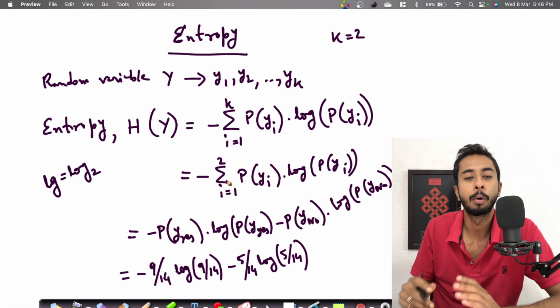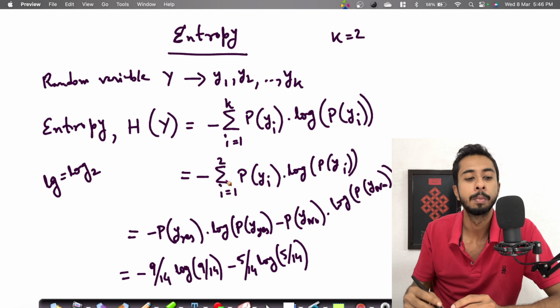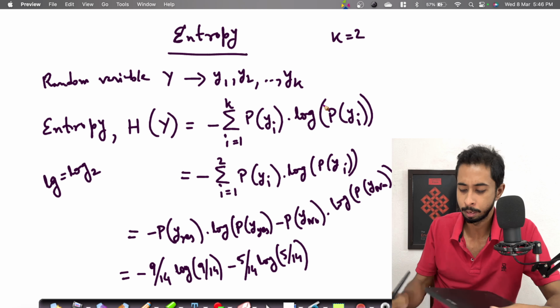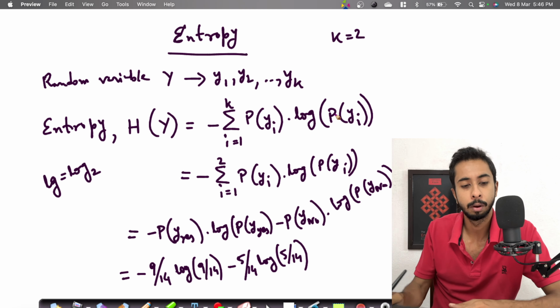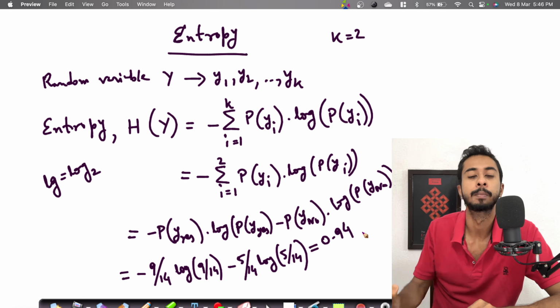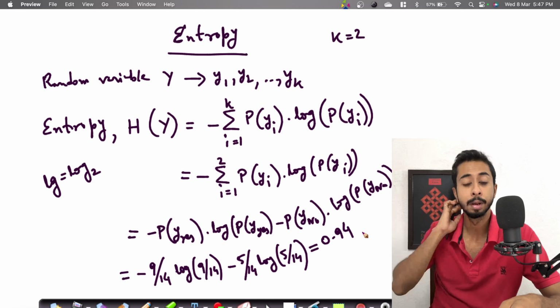All the calculations which I'll be doing in this decision tree will use log base 2, remember that. So this is how entropy is calculated. Let me write the result here: it will be 0.94. You can check it on your own.